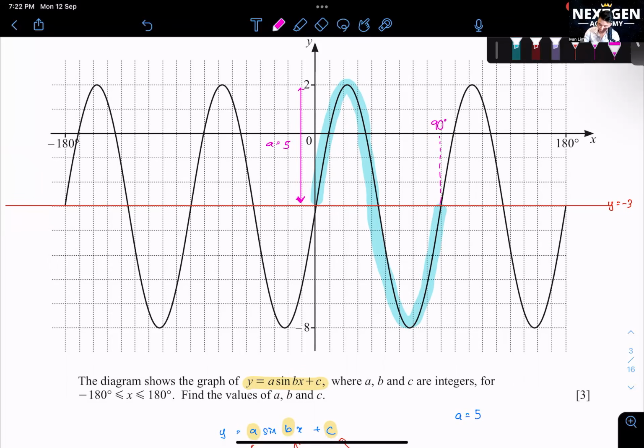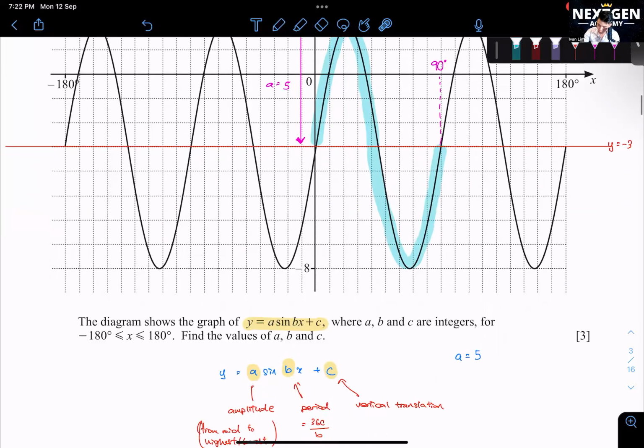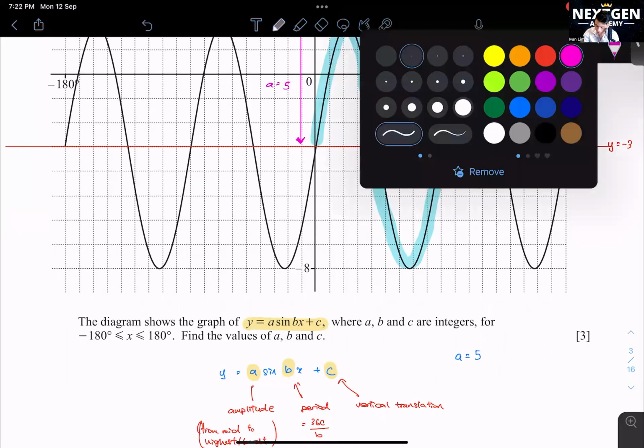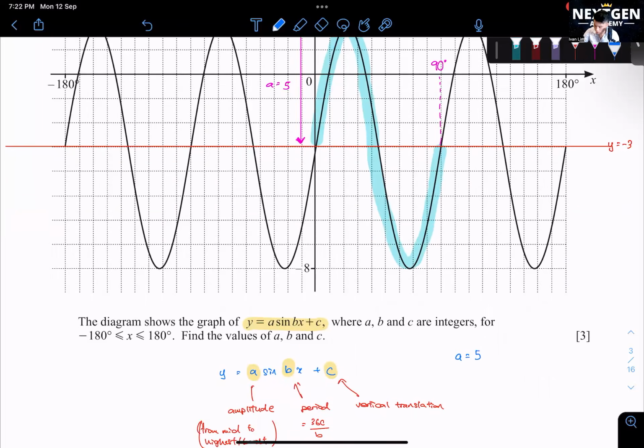We have to read based on the graph here. So we put into the formula period equals 360 over b. So 360 over b equals 90 degrees.